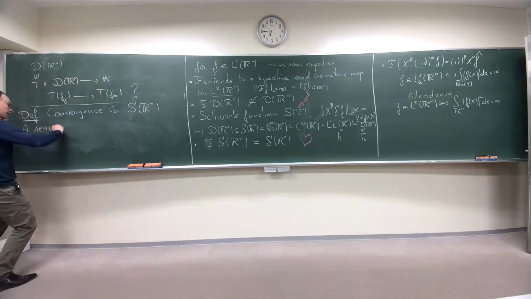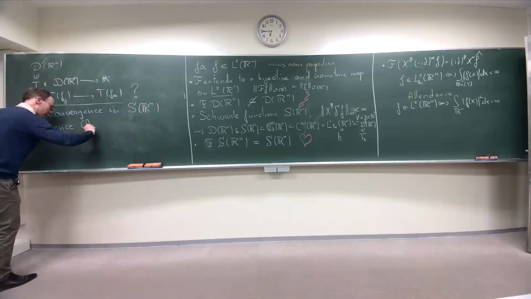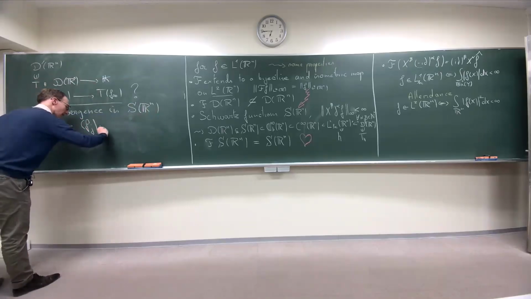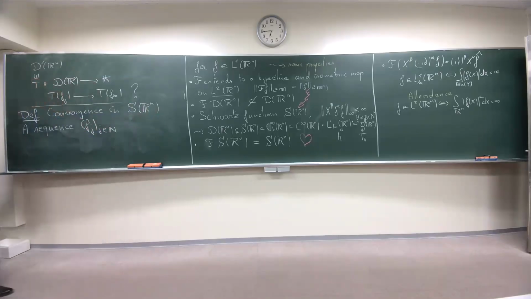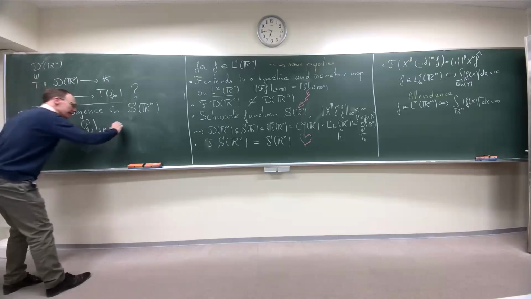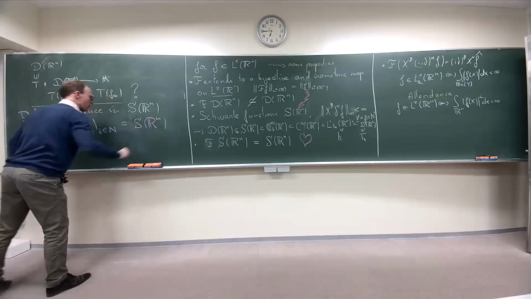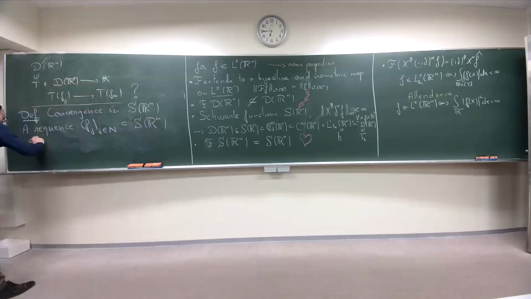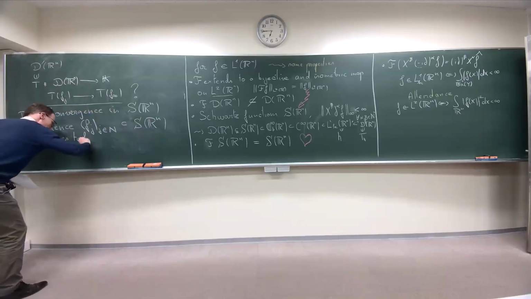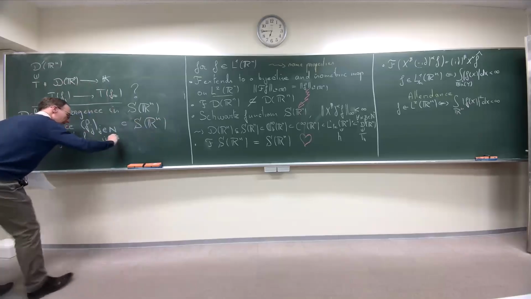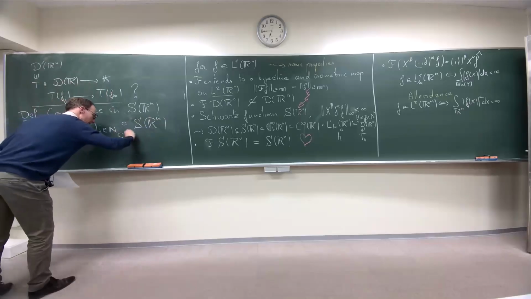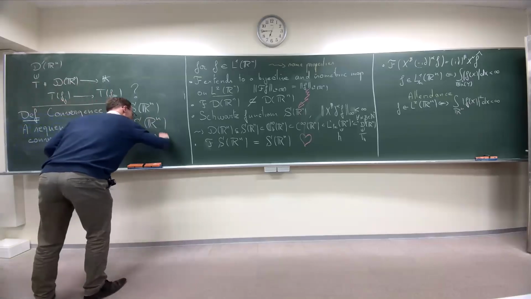A sequence f_j, j an integer, inside the Schwarz space converges to f_infinity in this Schwarz space as j goes to infinity.